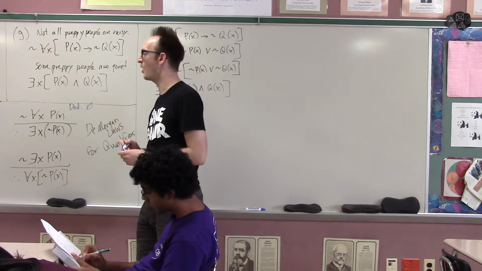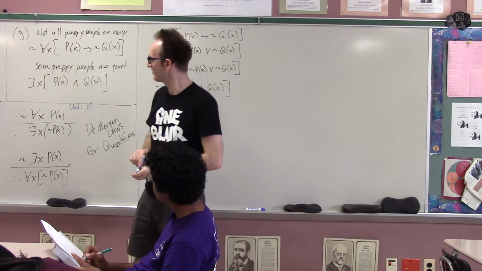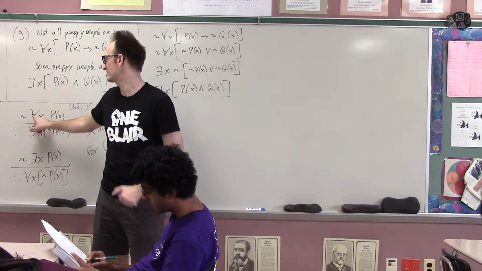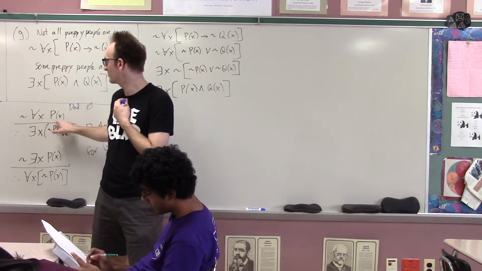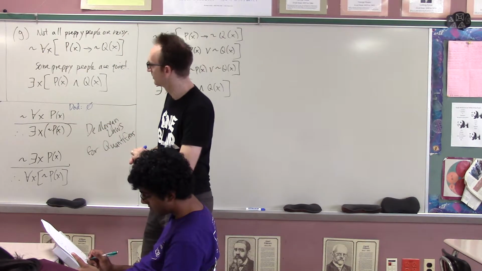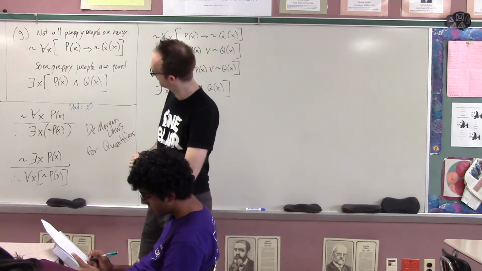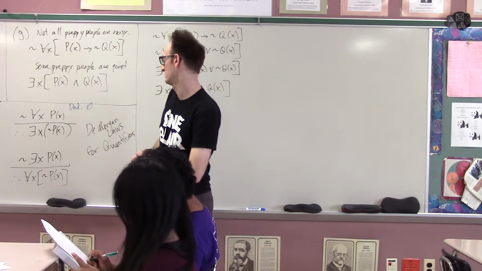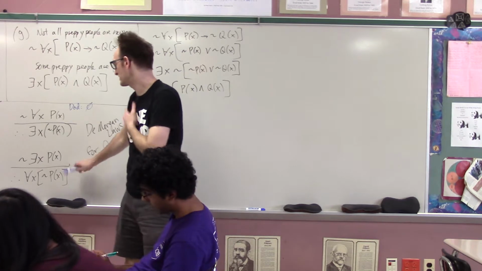If there's no one in your domain whatsoever, then maybe we want to say that the statement for all x, P of x is, wait, isn't that still fine though? I think it's still logically valid. It's just maybe a little uncomfortable. I think this is the one that's weird.